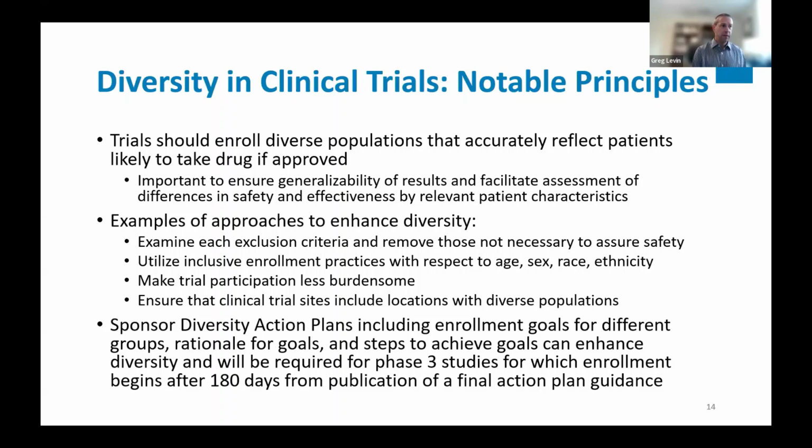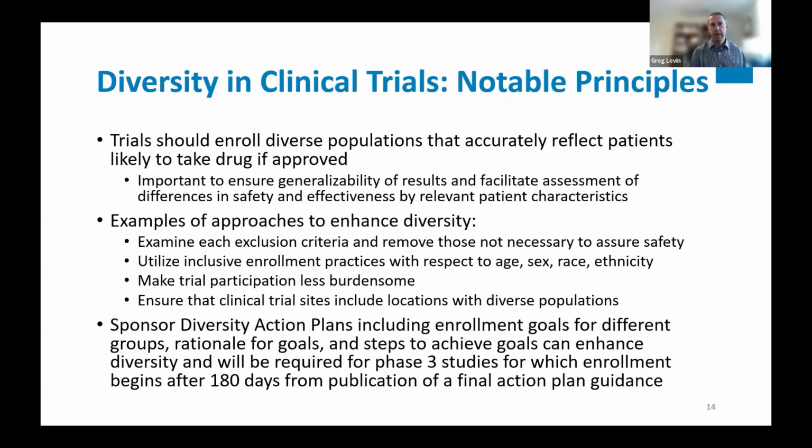It can also be helpful to utilize inclusive enrollment practices with respect to age, sex, race, and ethnicity, to make trial participation less burdensome so that many different types of patients in many different circumstances are able to participate, and to ensure that clinical trial sites include locations with diverse populations.